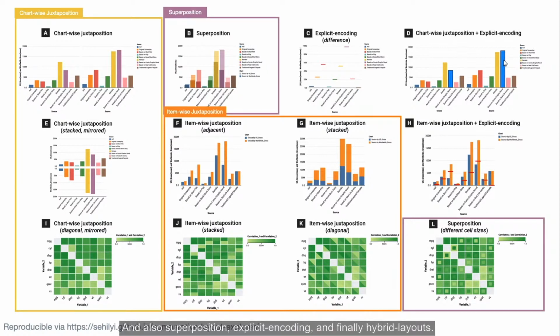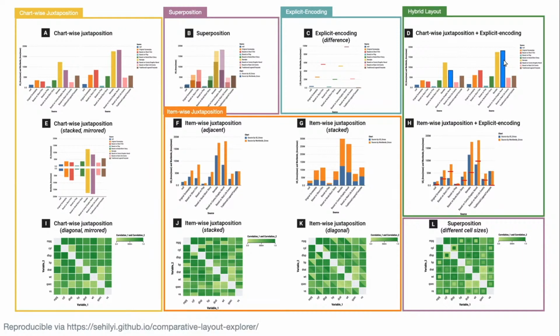And also superposition, explicit encoding, and finally hybrid layout. The raw survey results, as well as an online gallery, are open to the public, so please refer to the link below for more detailed information.